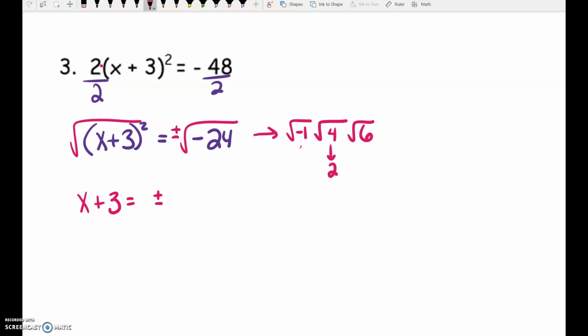So that's a 2, there's an i, can't break down the square root of 6. So x plus 3 equals plus or minus 2i square root of 6. What next? Subtract 3, and when we subtract 3, we need to stick that in front of the plus minus.